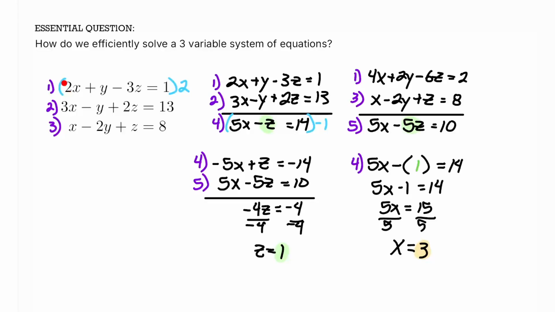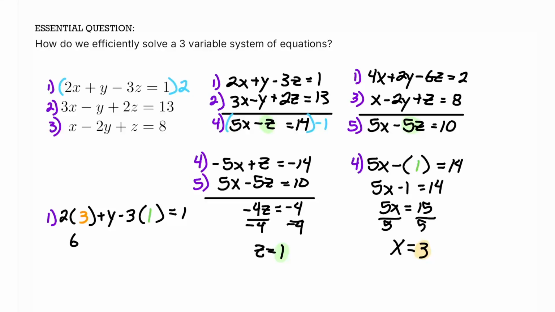I'm going to use equation 1, the original equation 1, because I have y by itself. So I can take x and z, and I can go 2 times x plus y minus 3 times z equals 1. And now I'm going to plug in my 3 and my 1 for x and z.